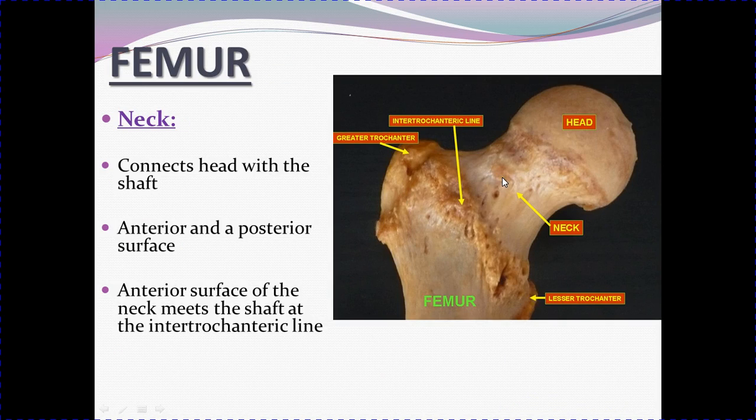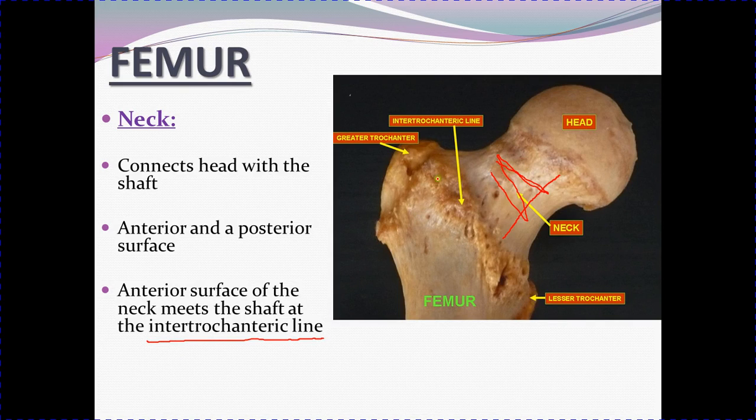The second characteristic feature present in the upper end is the neck. The neck connects the head with the shaft. It has an anterior surface and a posterior surface. Now look at the figure. The anterior surface of the neck meets the shaft at the intertrochanteric line.